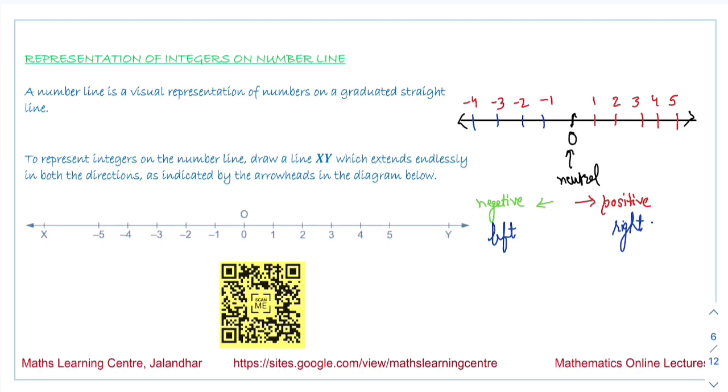So these are the negative integers, and the same thing is represented in this diagram, that we have marked the point O over here. It is a neutral element. Then on the right hand side we have marked the points 1, 2, 3, 4, 5, and on the left hand side of this neutral element we have marked the points -1, -2, -3, -4, -5, and so on. So this is how we represent the integers on the number line.